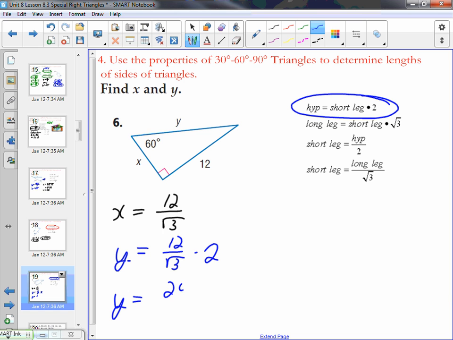So y equals 24 over the square root of 3. All right. Any questions?